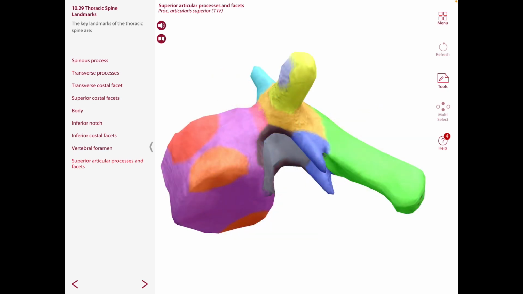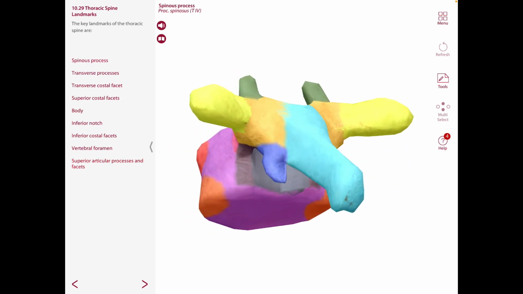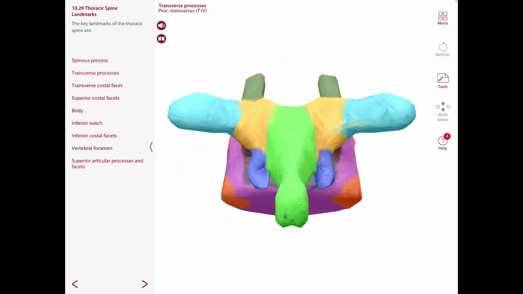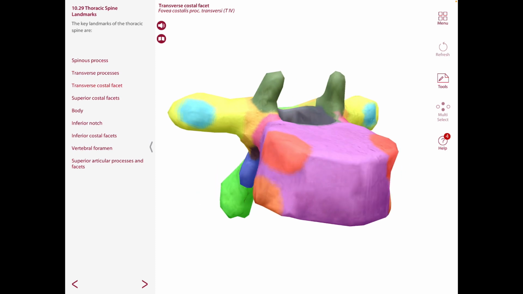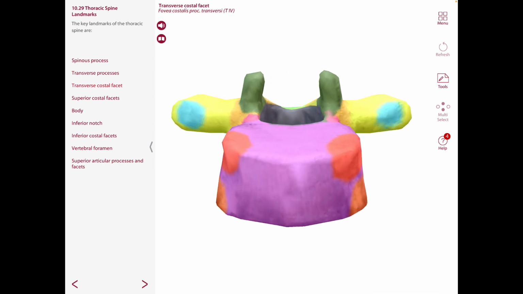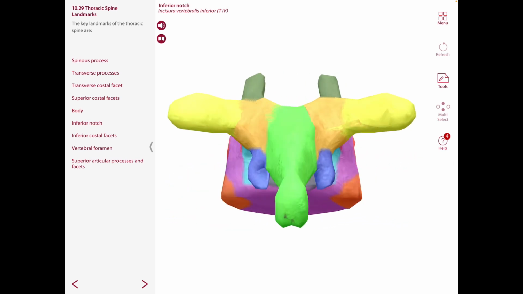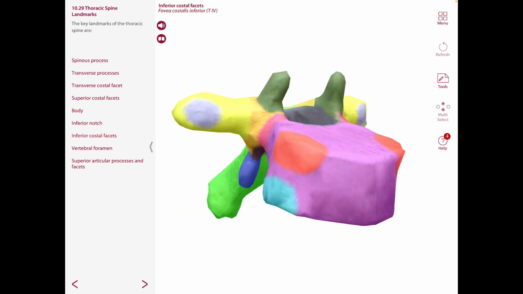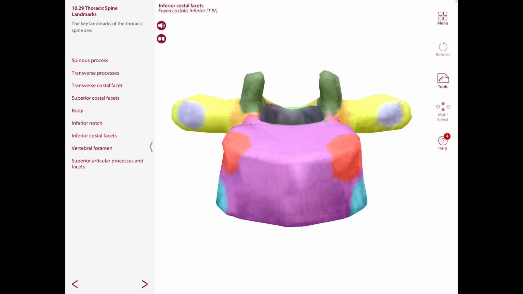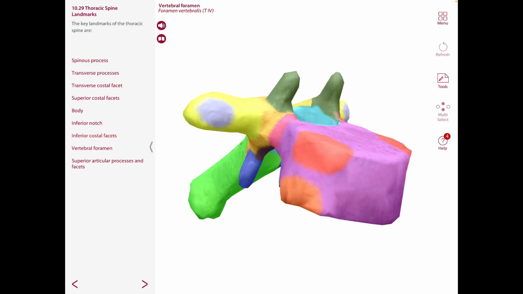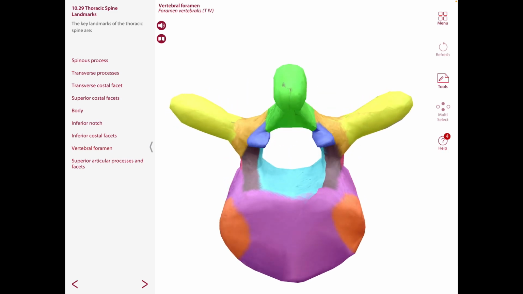Other processes include the spinous processes, transverse processes, transverse costal facets, superior costal facets, the body, an inferior notch, and inferior costal facets, and of course, the arch forming the vertebral foramen.